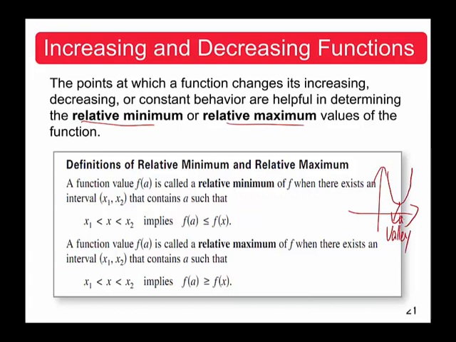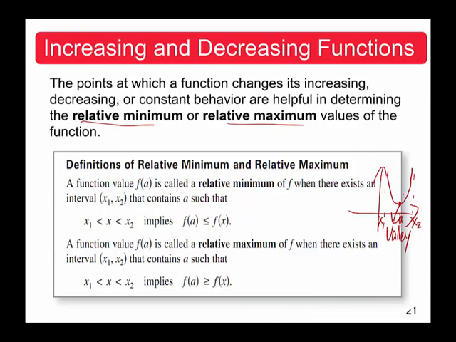Let's say this is A. And so for x values between x1 and x2, let's say this is x1, this is x2, A is between x1 and x2. And you can say x equal to A. Then at the point of the valley, or the bottom point, f of A is the smallest. f of A is less than or equal to f of x in that given interval. So this is the minimum value basically in that particular interval from x1 to x2.